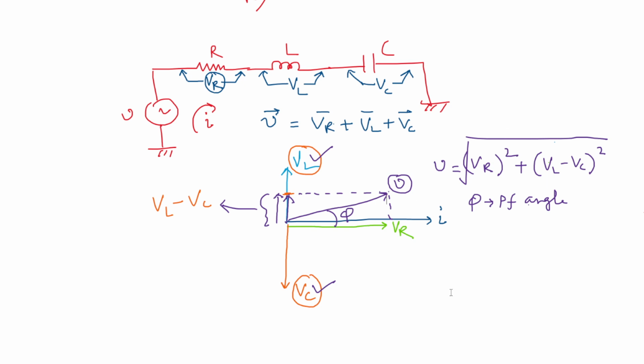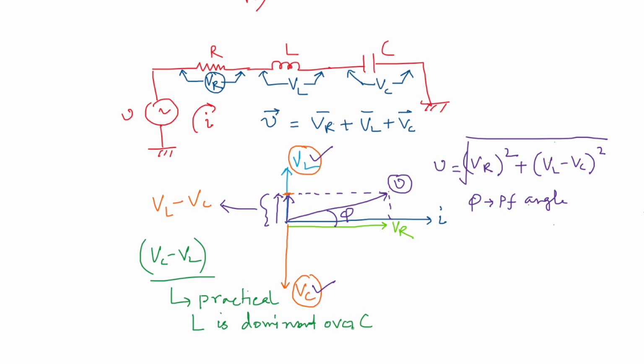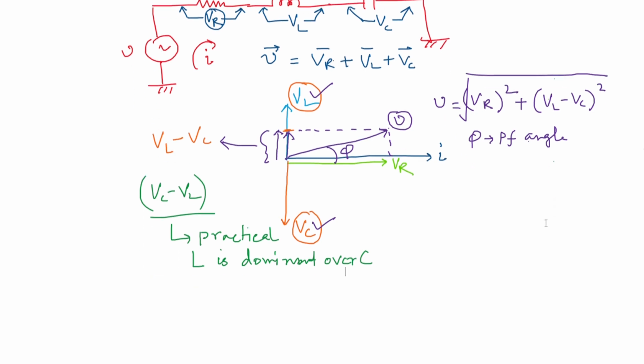Now one question comes: why is VL minus VC written, why not VC minus VL? In practical cases, inductance is dominant over capacitance. It is by virtue of nature.